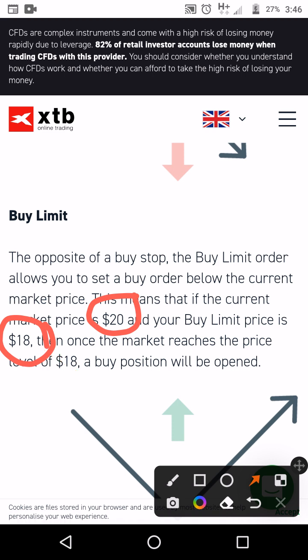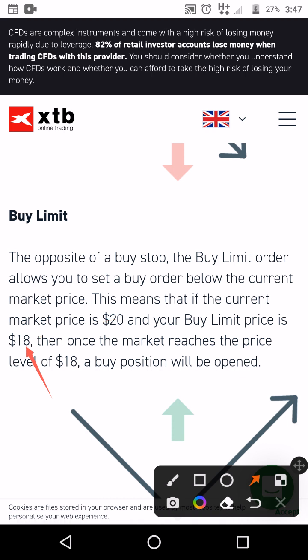Now let's see how you can make profit with this. Once you set your buy limit to $18 US, as it's showing here, this means that if the market price drops from 20 US dollars to 18 US dollars, that is where the market will start profiting for you.